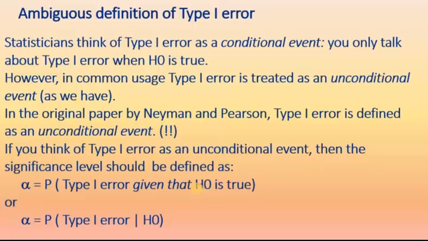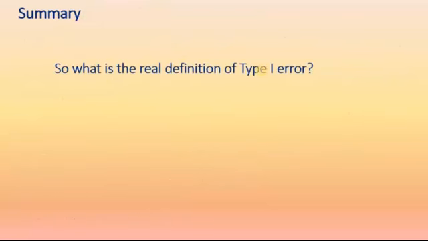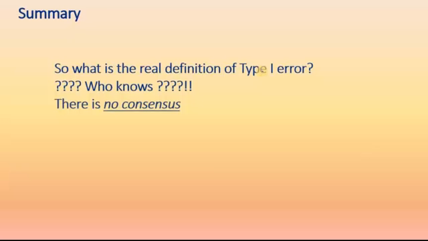Well, if you go to statistics textbooks and many statistics lectures, they won't say that. They'll say alpha is the probability of type 1 error, because they're thinking of type 1 error as this conditional event. Alright, so let's summarize. What is the real definition of type 1 error? Who knows? There's no consensus.